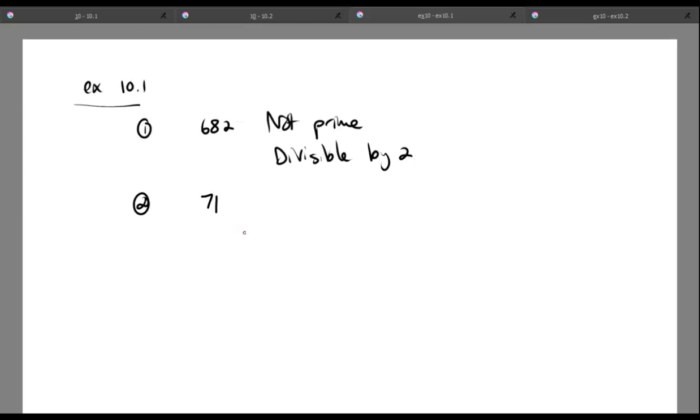Let's test it. We'll check divisibility by 2. No, 2 doesn't go into that. It's odd. 3. It's not divisible by 3 because the sum of the digits is 8. So my divisibility tests make it a little bit faster to do these small checks. I don't have divisibility tests for everything, but for some.